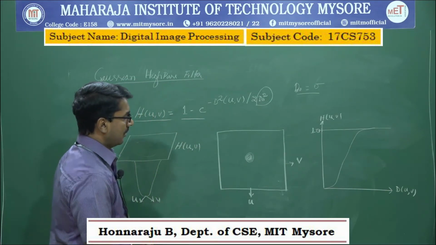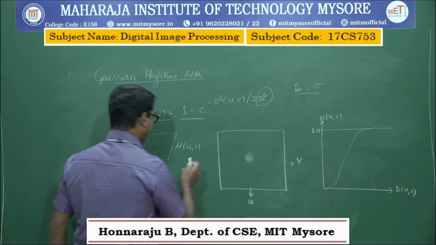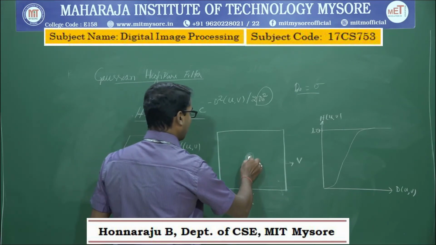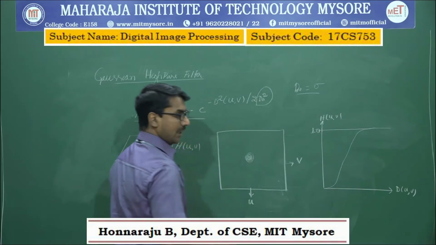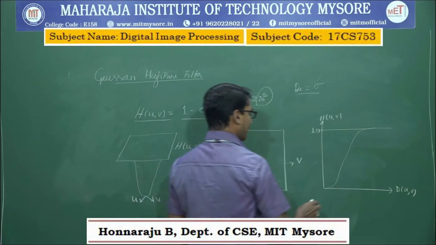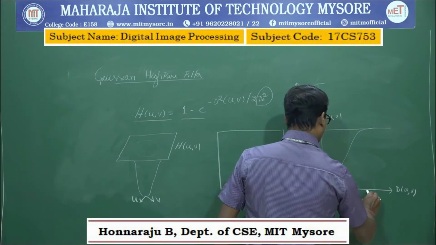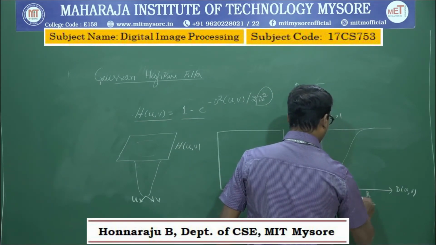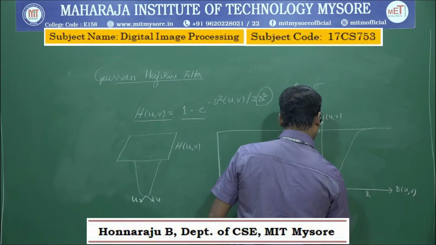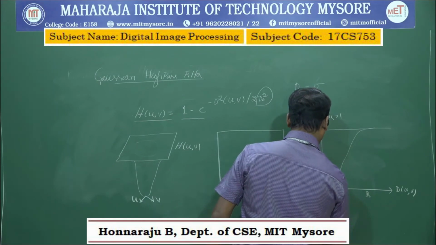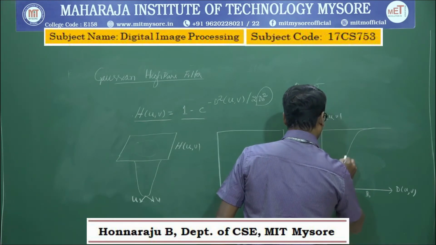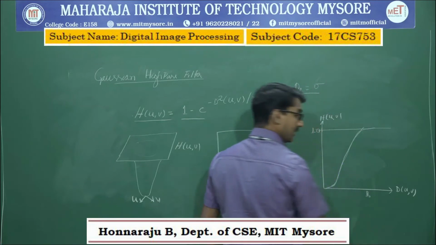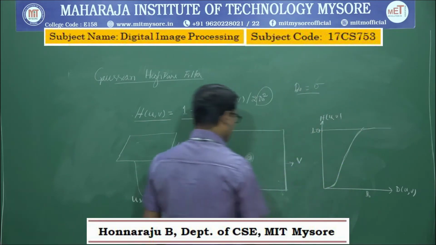Here the center frequency value is black and it slowly changes to white. If the cutoff frequency is d naught, the intensity value starts from 0 and slowly changes to 1.